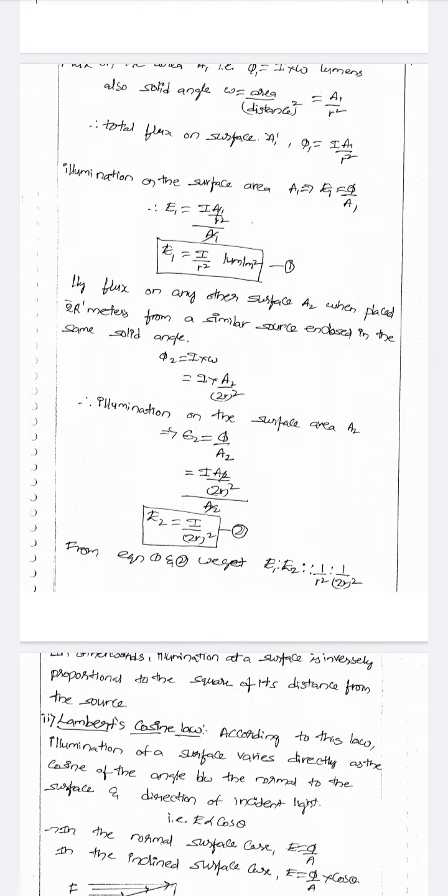Illumination at a surface is inversely proportional to the square of its distance from the source. That is the inverse square law.